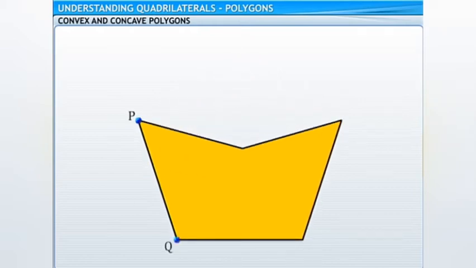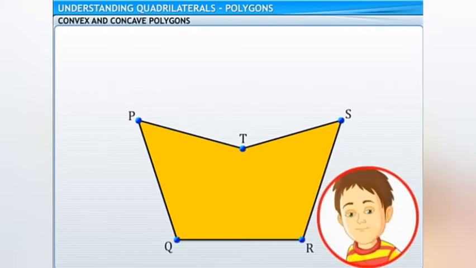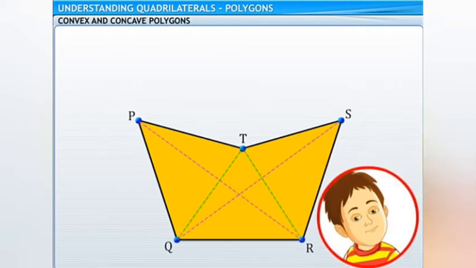Now, let's look at this figure. It is a polygon in all respects. John, can you draw the diagonals for this polygon? Here they are. But how to draw a diagonal between these non-consecutive vertices S and P?